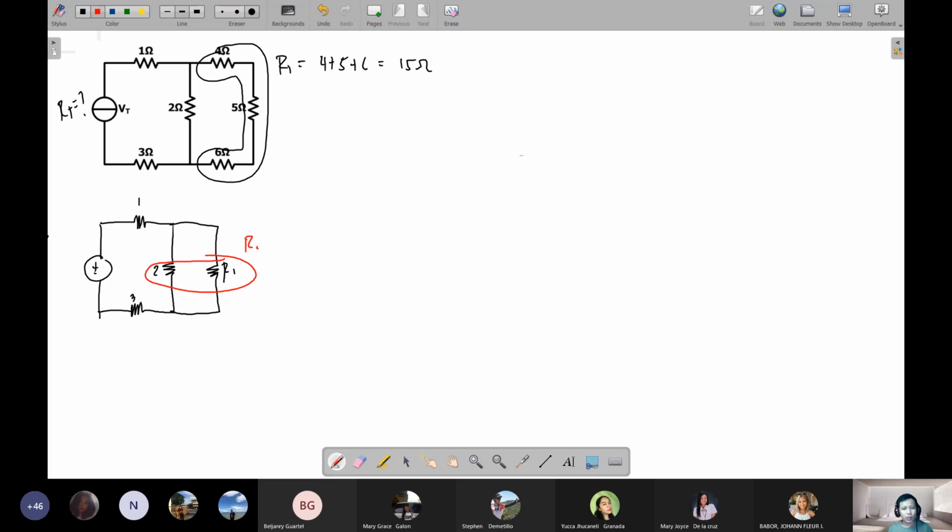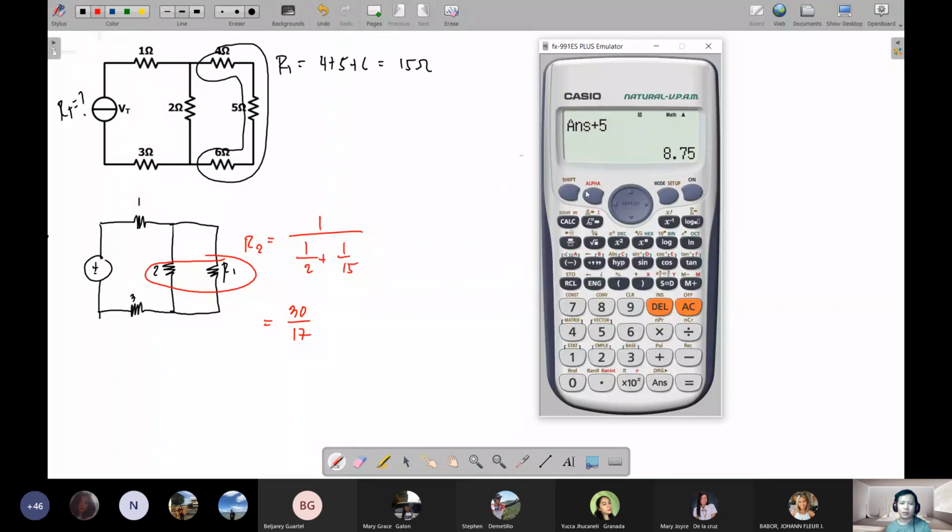So R2 would be 1 over 2 plus 1 over 15, so this is 30 over 17.